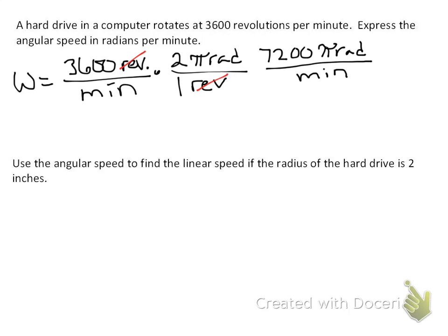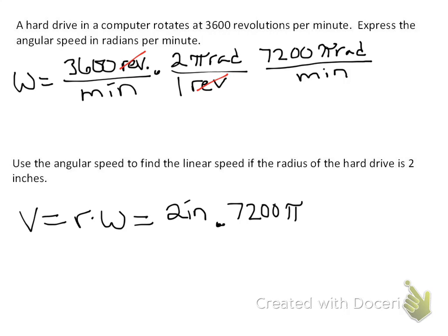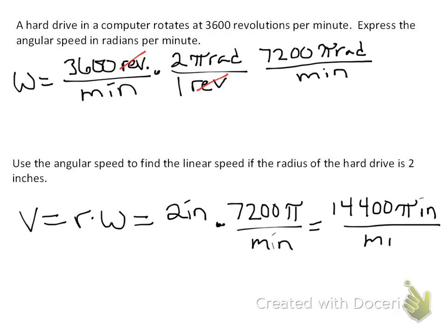All right, and then now we're going to use the angular speed, that W, to find your linear speeds. Remember, linear speed is just our previous answer multiplied by radius. So here our radius is 2 inches. We're going to multiply that by our angular speed, 7,200 pi per minute. And we get 14,400 pi inches per minute.